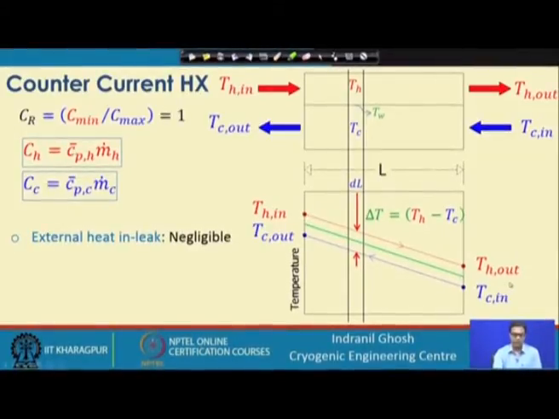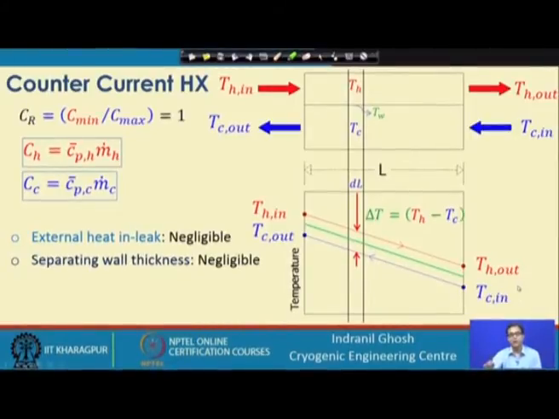In addition to the assumption that Cr equals 1, which is the simplest case, we are making some additional assumptions like there is no external heat leak. That means the hot fluid is not connected with the environment, neither is the cold fluid. The heat is supplied only from the hot fluid to the cold fluid via the separating wall.